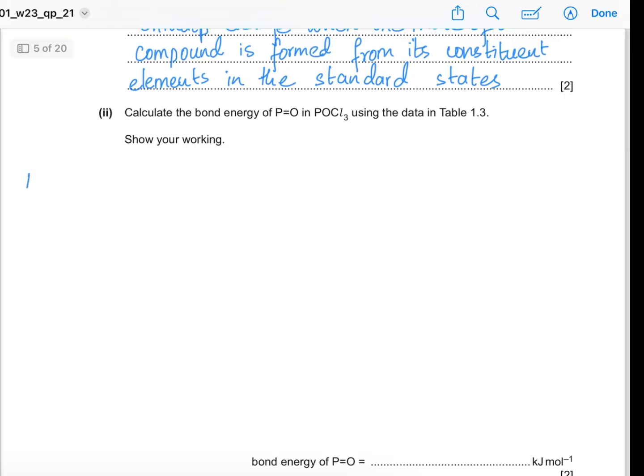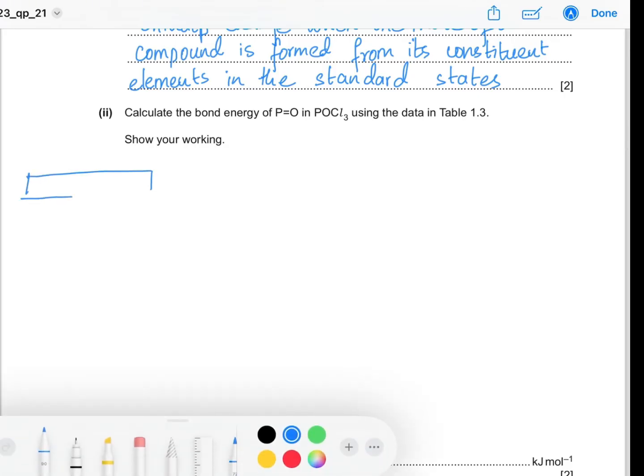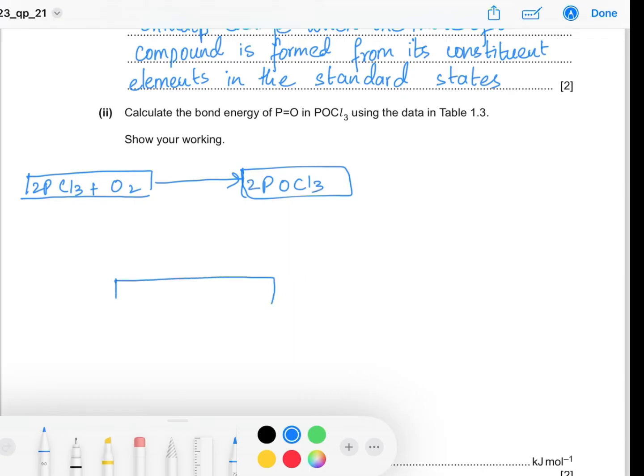As always, to draw the Hess cycle, you will have 3 boxes, one for the reactants, one for the products, and one for the elements used to make the reactants and products.